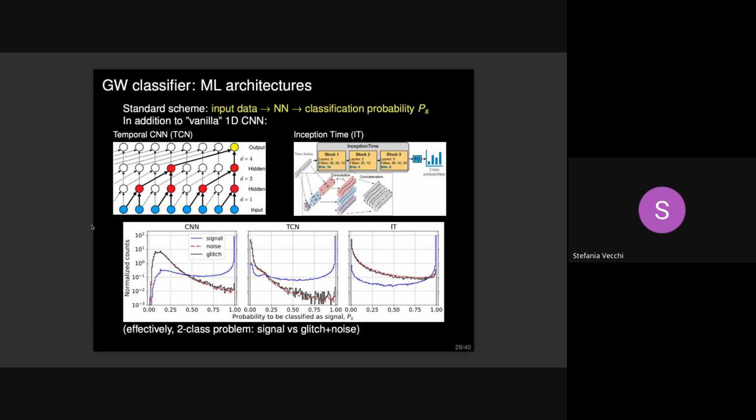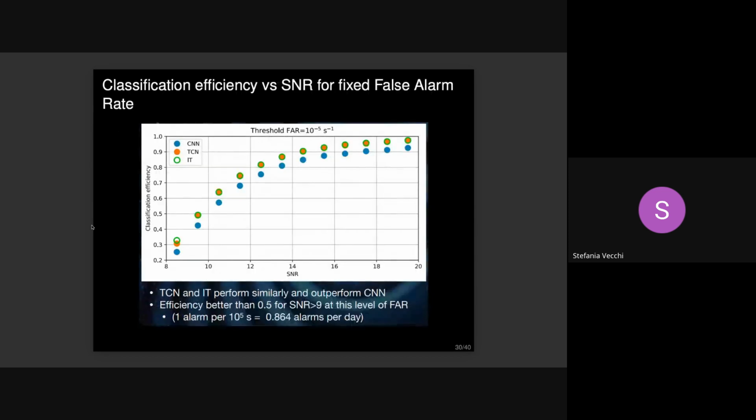Well, we said, okay, it's good enough because we are interested in signals. And so these networks basically behave like they should, for the fixed false alarm rate. We want a false alarm rate that is comparable with the traditional searches, which is about once per day.